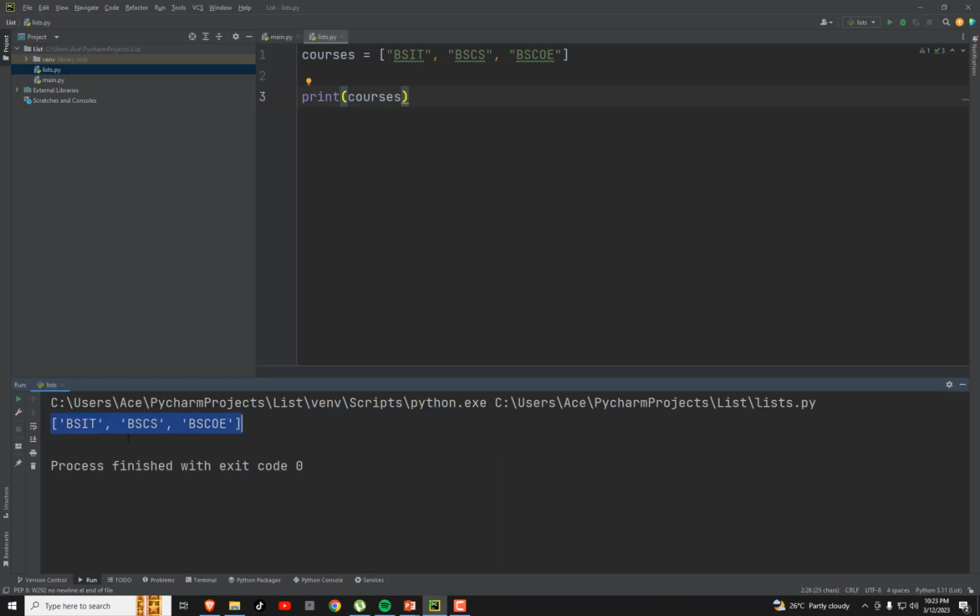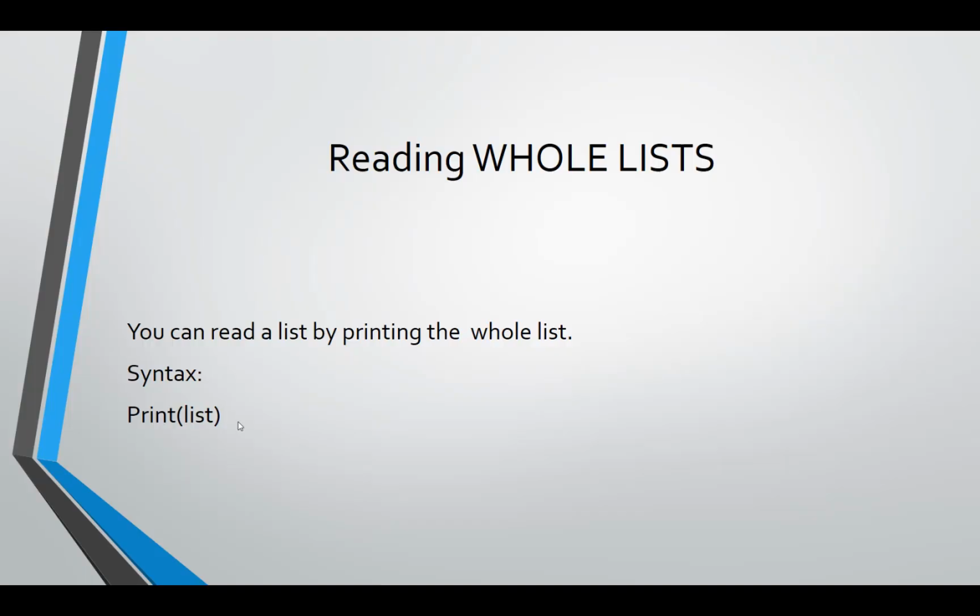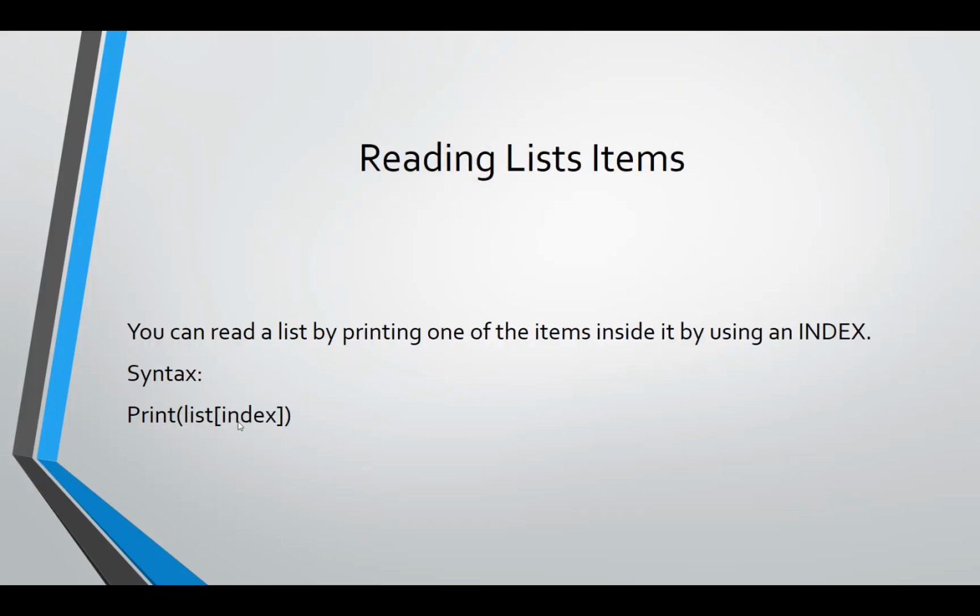What if I want it without the brackets? So how to read? You can read a list by printing one of the items inside it by using an index.